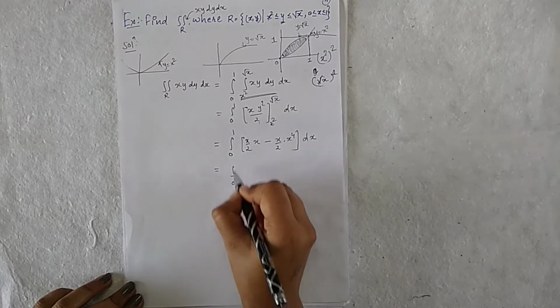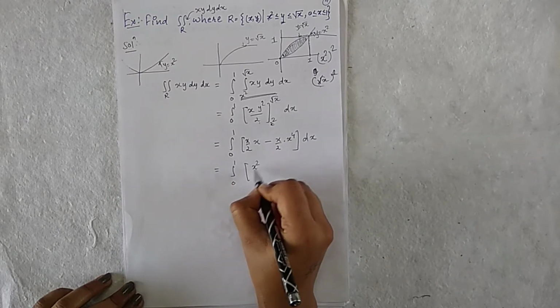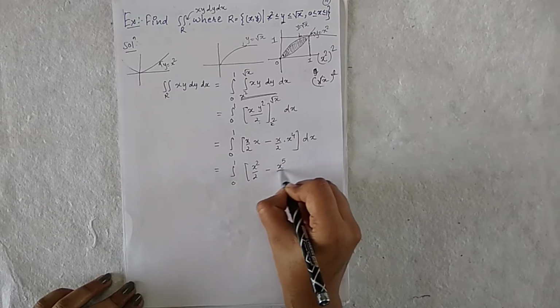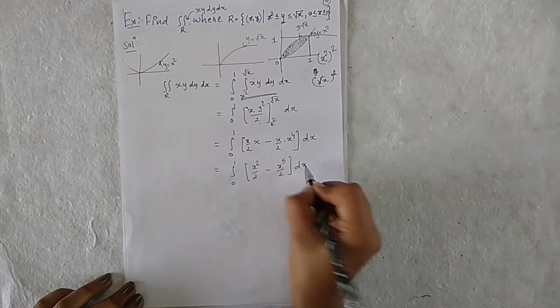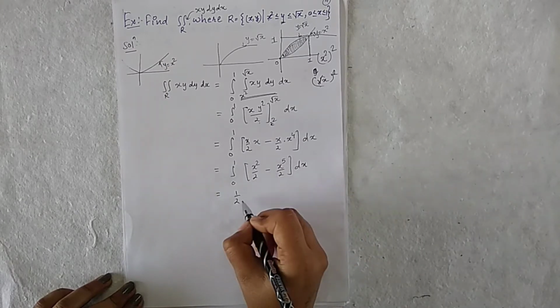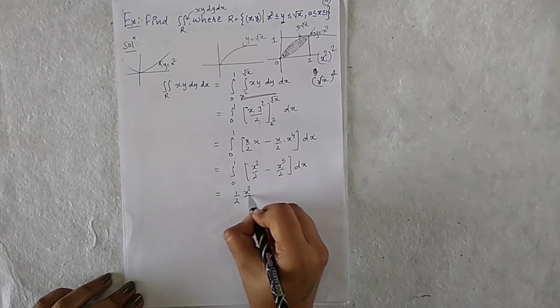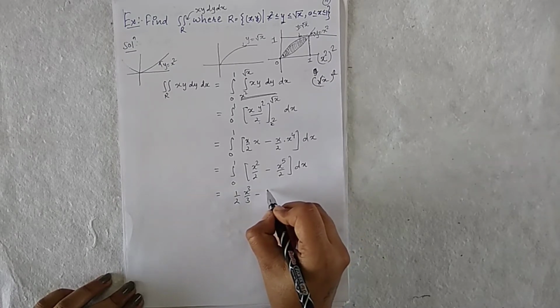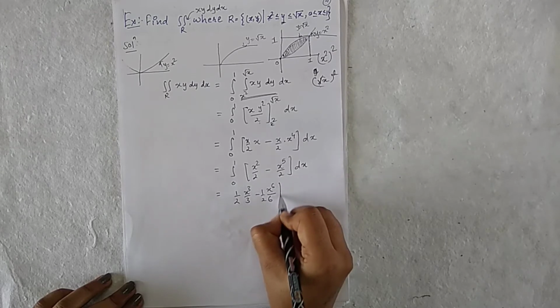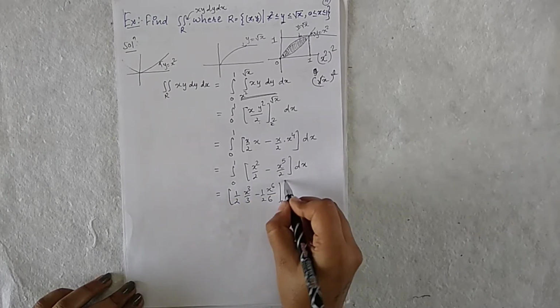It gives the integral from 0 to 1 of x square by 2 minus x raised to 5 by 2 dx. So the integration of x square is x cube by 3, minus x raised to 6 by 6, with the 1 by 2, with limit 0 to 1.